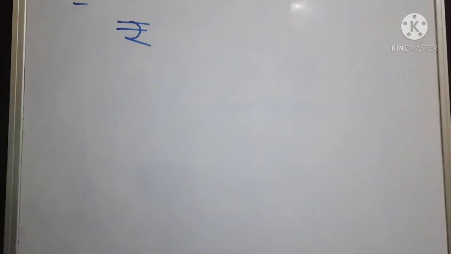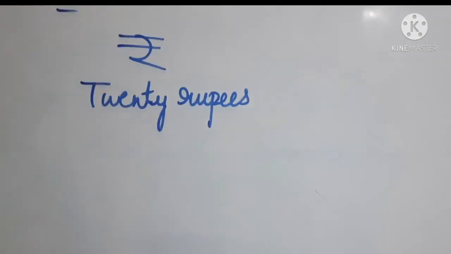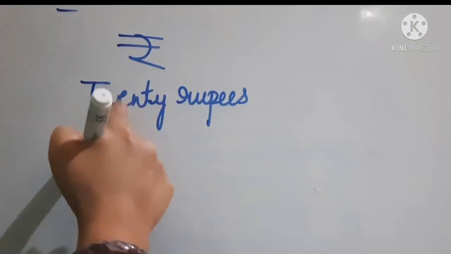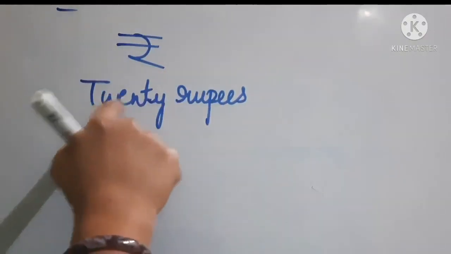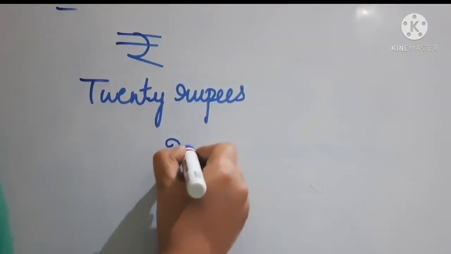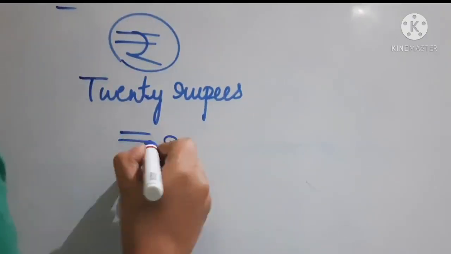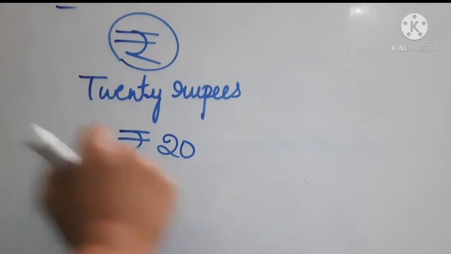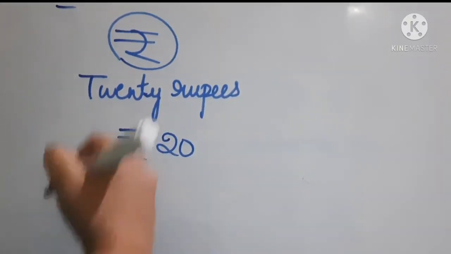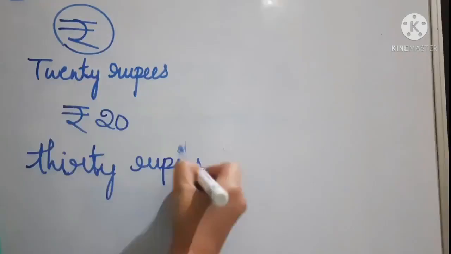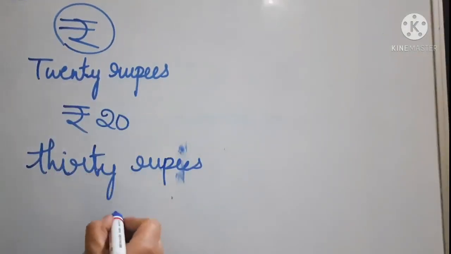Now, shall we write 20 rupees in figures? 20 rupees. 2, 0, 20. We have to use this symbol before 20. Rupees 20. How are we going to write 30 rupees? 30.